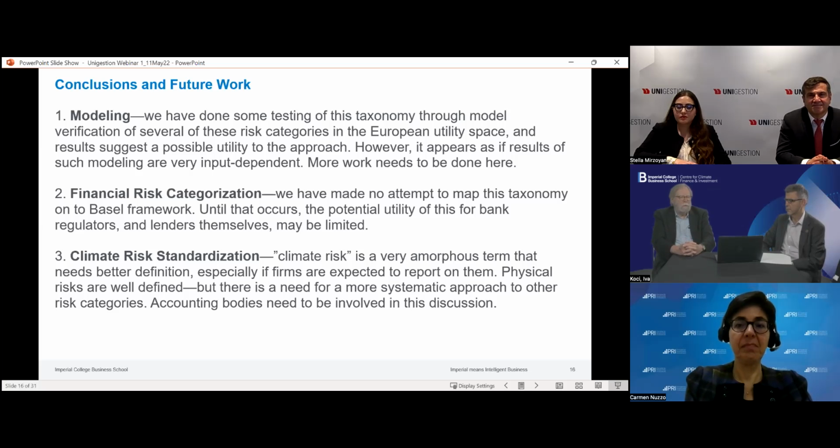Then there's standardization. Climate risk is in a way kind of a misleading term, but it's such a broad term that it's become embedded in our conversations and in our approach to looking at climate impacts and looking at firms and looking at sectors, looking at government policy. The point that I tried to make in the report is that it's not a very useful term as a general term.